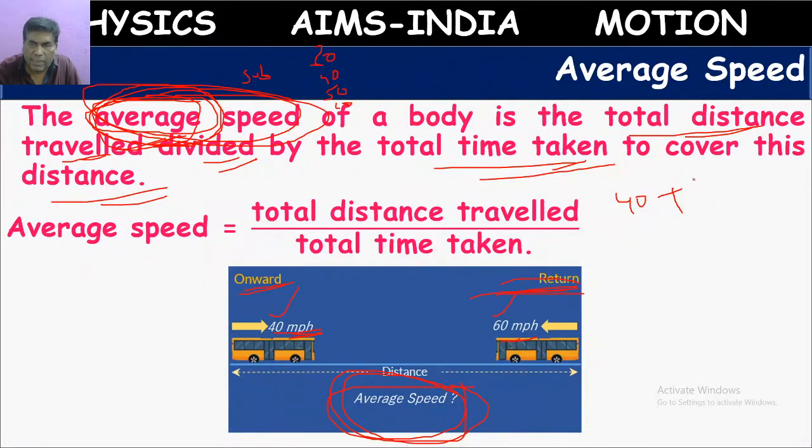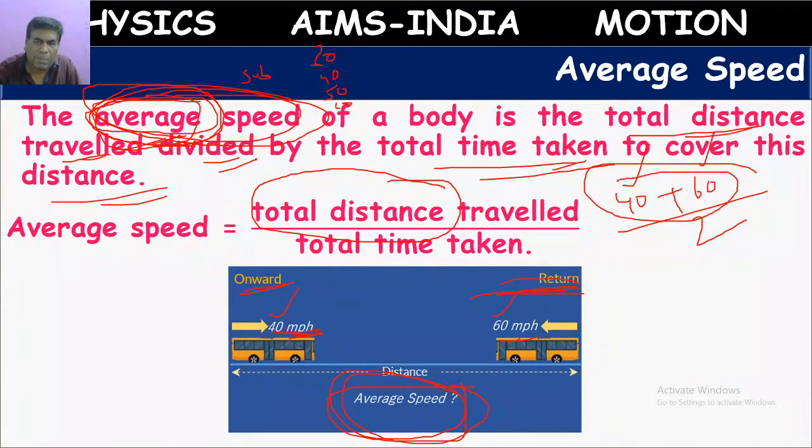What is 60? 60 also speed here. What are you doing? 40 plus 60 by 2 you are doing. 40 and 60 are not distances. They are speeds. Here in the formula what we have? Total distance. But here what it is? Total speed, not total distance.